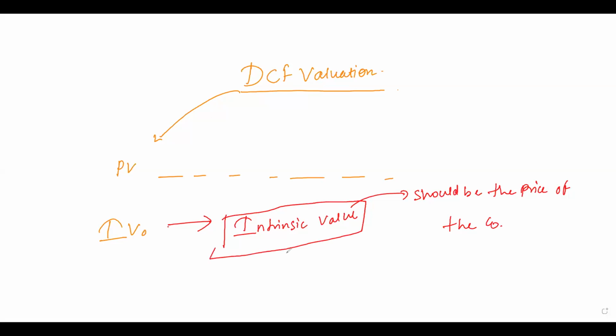Based on intrinsic value, we come to a target price. If we calculate that the target price of the company is greater than its current market price, then the security is undervalued.